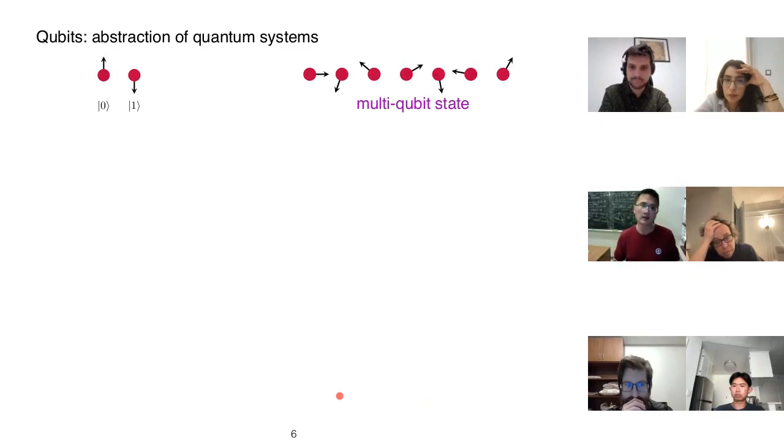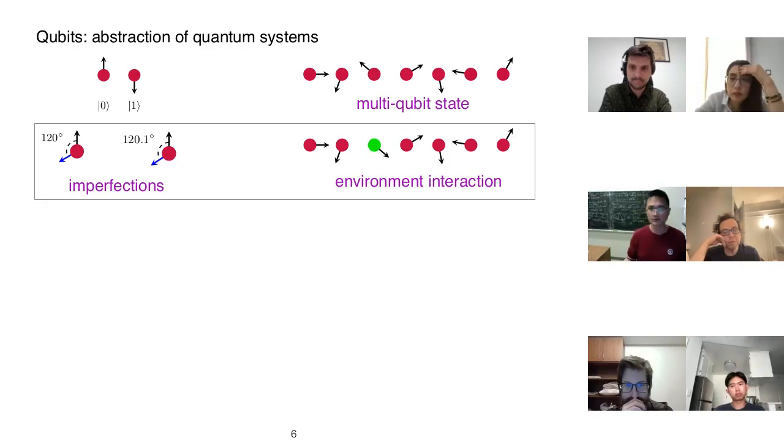All good. Well, except in the real world, the qubits are realized via abstractions of quantum systems. For example, a spin 1/2 particle, where a spin up state corresponds to the 0 state and a spin down is the 1 state. We can form a chain of multiple spins, but the spins will inevitably interact with the surrounding environment, for example, causing one of the spins to be flipped.